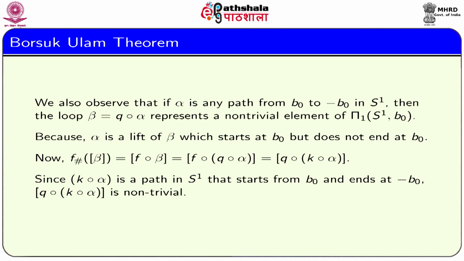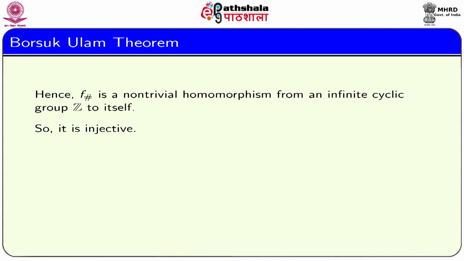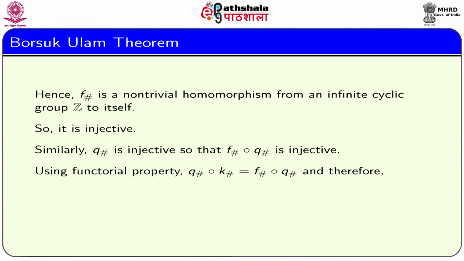Since k composed alpha is a path in S1 that starts from B0 and ends at minus B0, class of q composed k composed alpha is non-trivial. Hence, f sharp is a non-trivial homomorphism from an infinite cyclic group Z to itself. So, it is injective. Similarly, q sharp is injective, so that f sharp composed q sharp is injective.